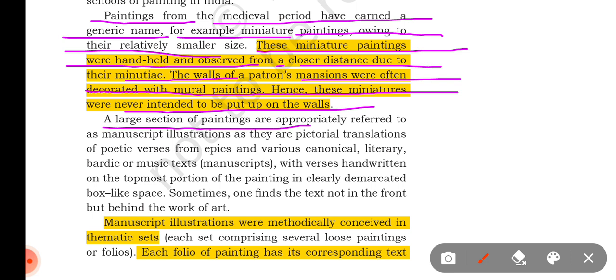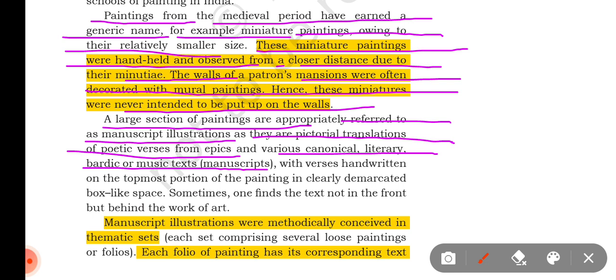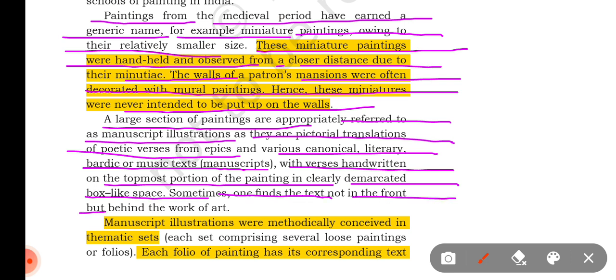The last section of paintings are appropriately referred to as manuscript illustration, as they are pictorial translations of poetic words from epics and various canonical literary, bardic, or music texts. Manuscripts have verse handwritten on the topmost portion of the painting in a clearly demarcated box-like space. Sometimes one finds the text not in the front but behind the work of art.